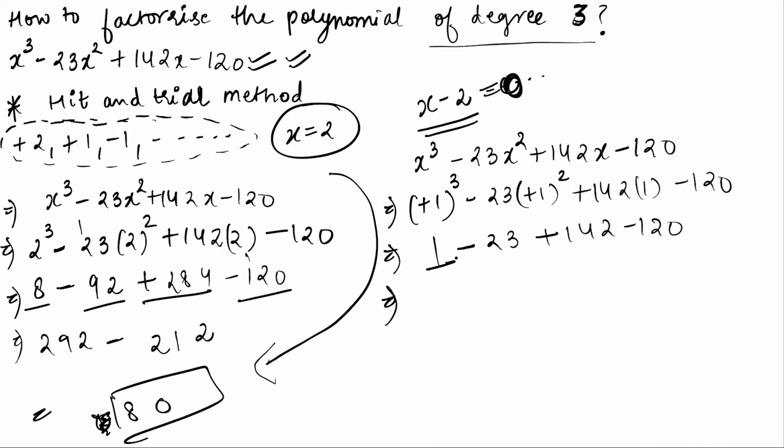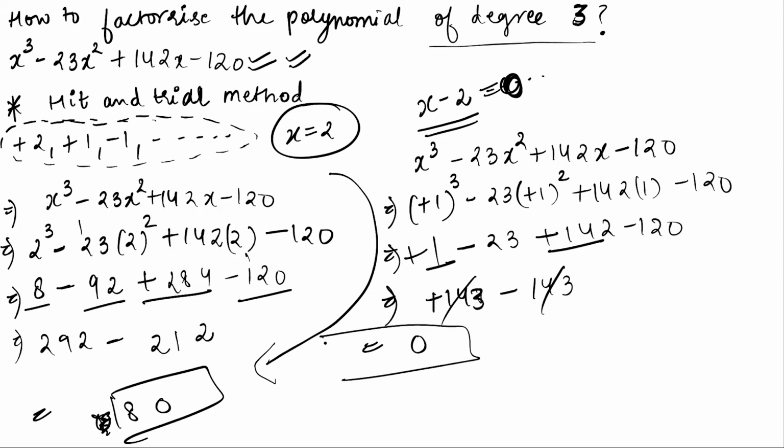Here plus 1 and plus 142 will get us plus 143, and minus 23 minus 120 will again give us minus 143. This value of x is giving us 0. It means x equals to 1 is giving us 0 here.